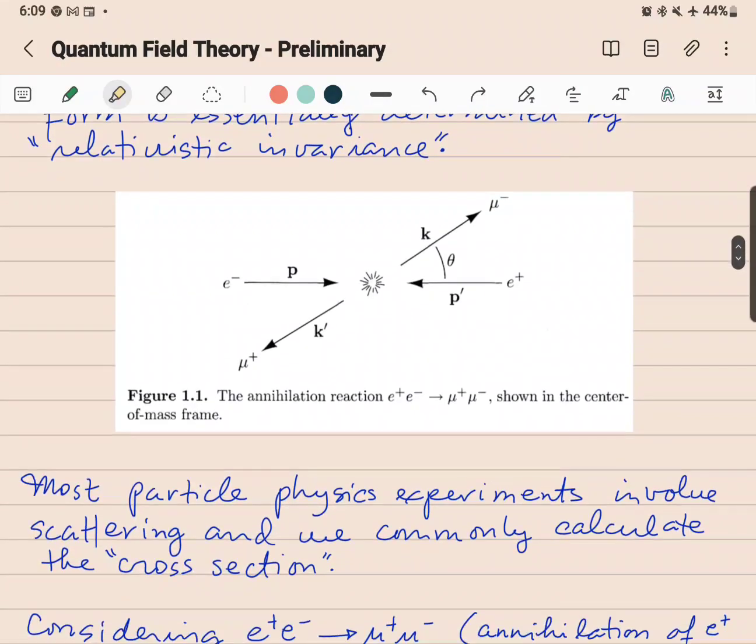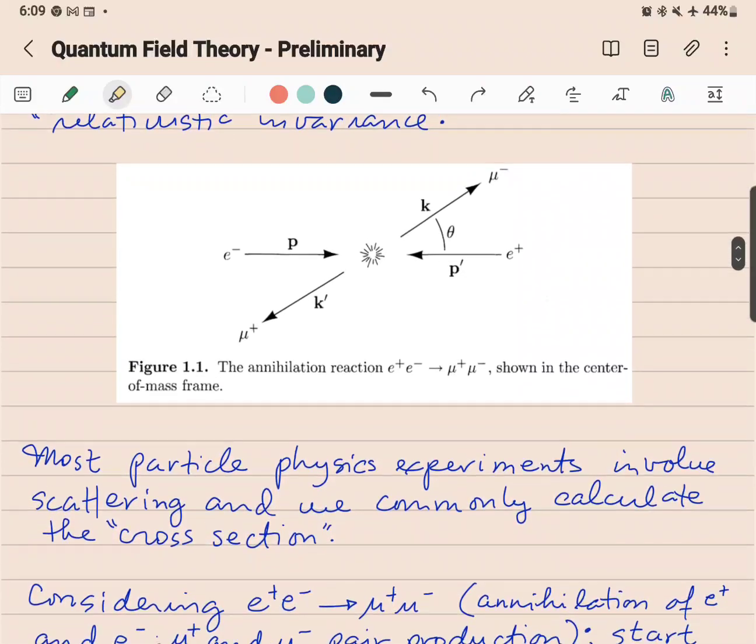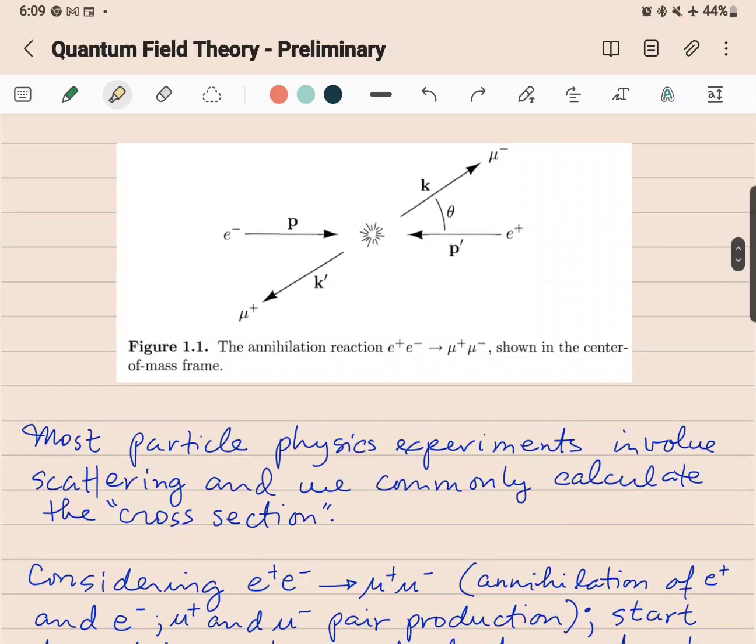So here, this figure is taken from the book of Peskin, and by the way, this lecture is also based on that book. You have an electron coming in from the left and a positron coming in from the right.